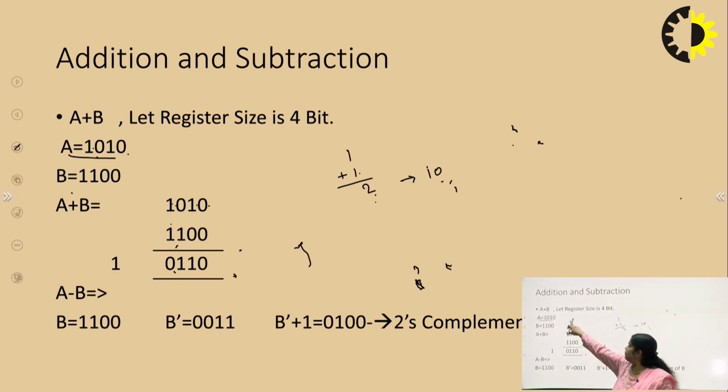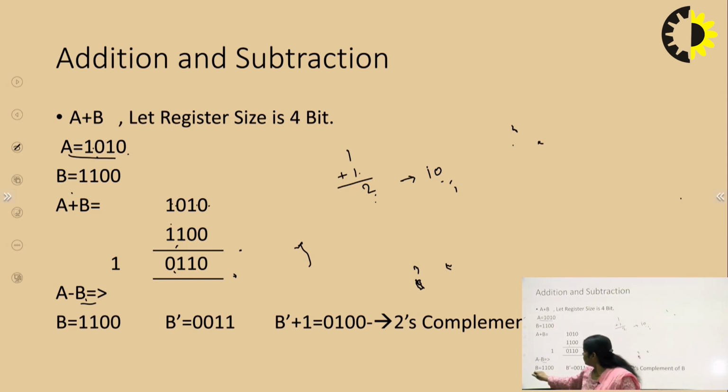I have taken this example. Now, 2's complement means, if I am going to take A minus B, the first value is taken as it is, and the second value, B, is considered as its 2's complement. That is A minus B.